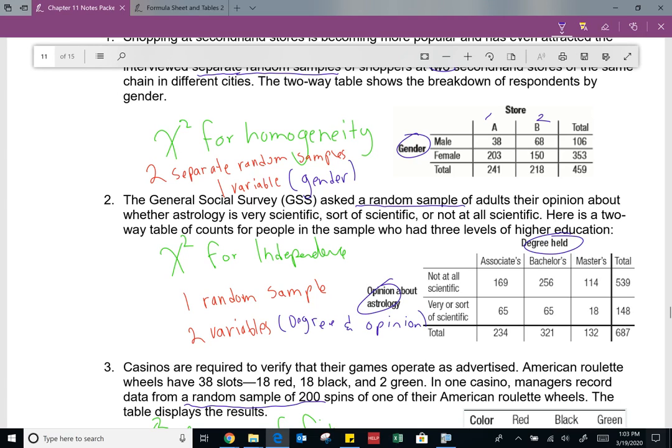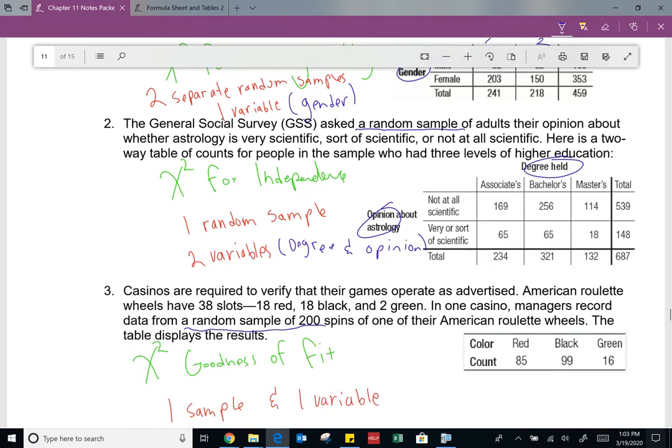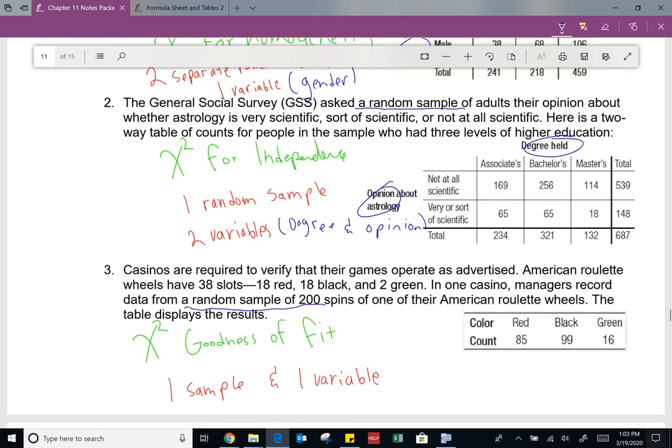From the question, I'm reading that there's one sample and one variable, the results. So this would be a chi-squared goodness of fit. The reason is that we had one sample of 200 spins, and we are looking at one variable, the results. What color did each of the spins come out to be?